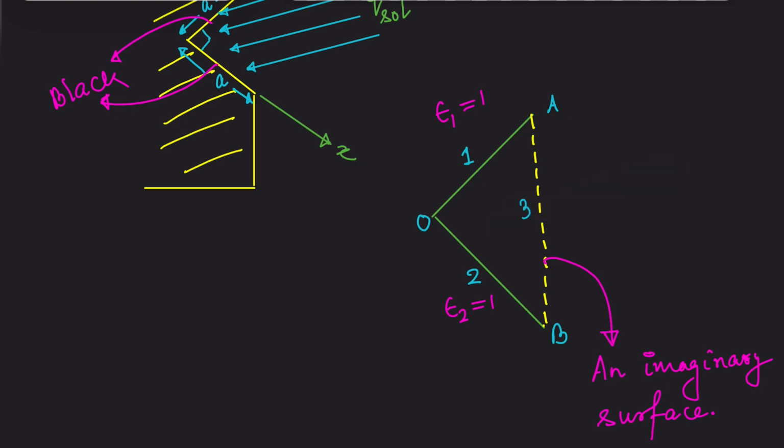So is there any means, according to this problem, by which the radiation energy coming from the groove can be reflected into the groove again? Is there any means like that?